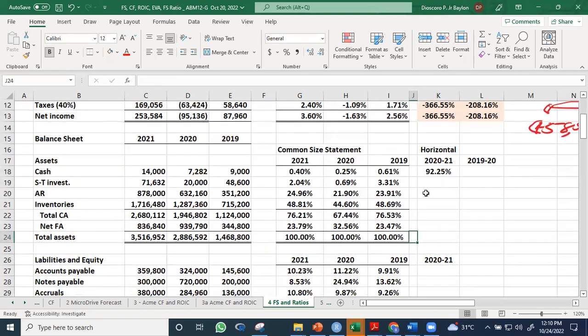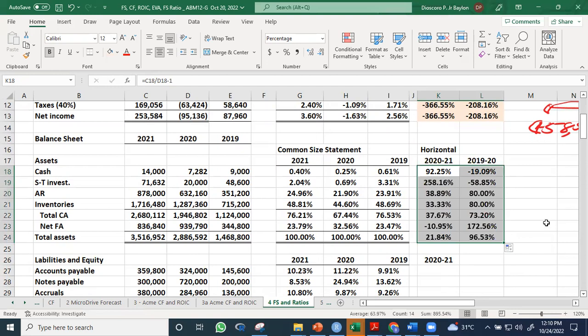Okay. So this one tells us that cash went up. Si cash tumaas na 92.25%, from 7 to 8 naging 14. Ito naman, from 9, naging 7 to 8, tama, negative, bumaba siya.